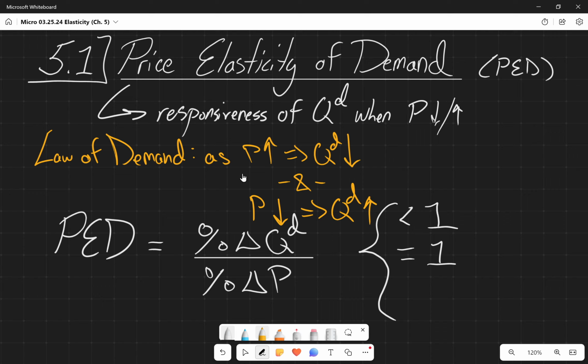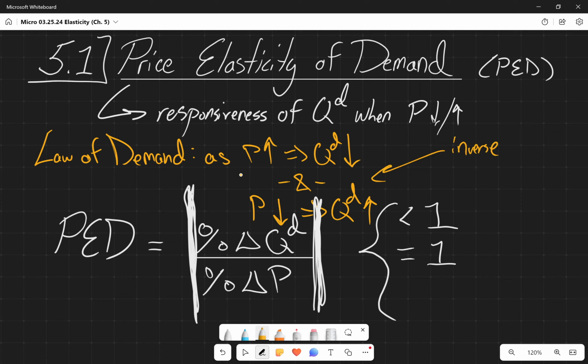Important part here: the price elasticity of demand is often written with an absolute value around it. We know it's an inverse relationship because of the law of demand, so this ratio is always going to be negative.